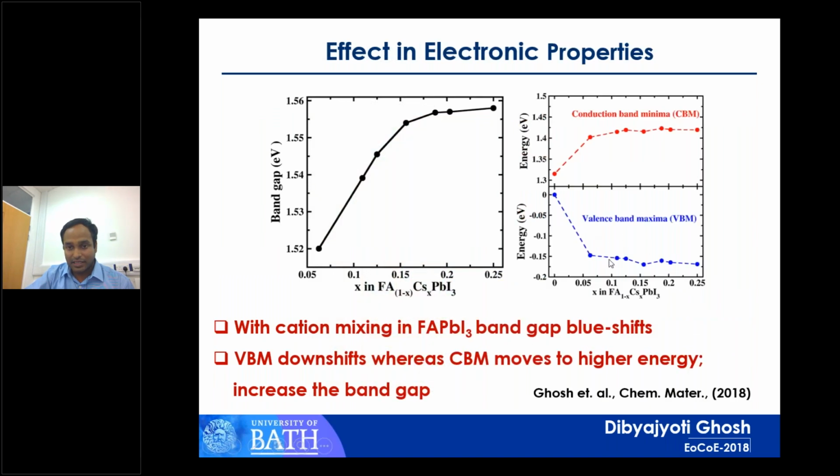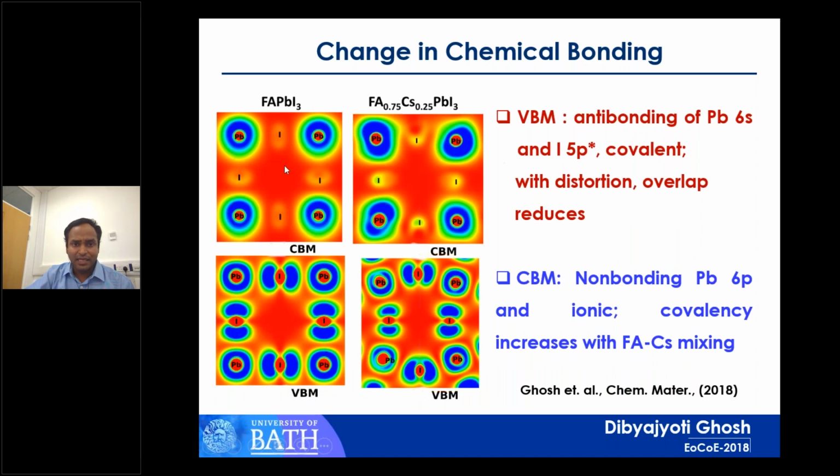As you can see, with cation mixing, you get a downshift, that is, stability of your valence band. On the other hand, if you focus on the conduction band, it's a non-bonding lead 6p orbital, as you can see here. For formamidinium lead iodide, it's pretty ionic in nature.